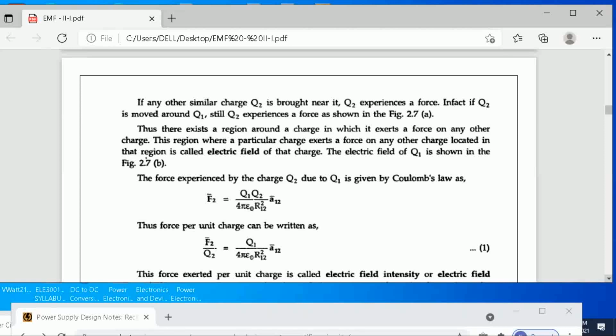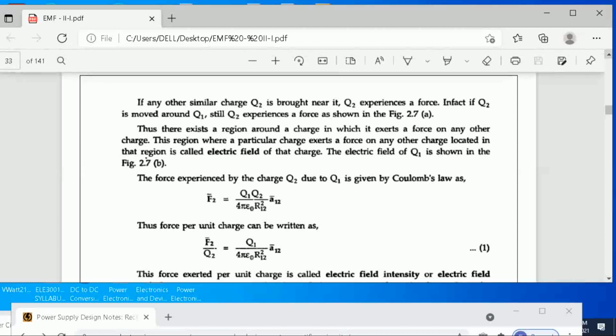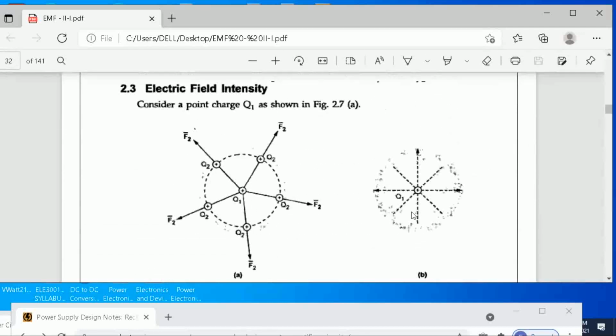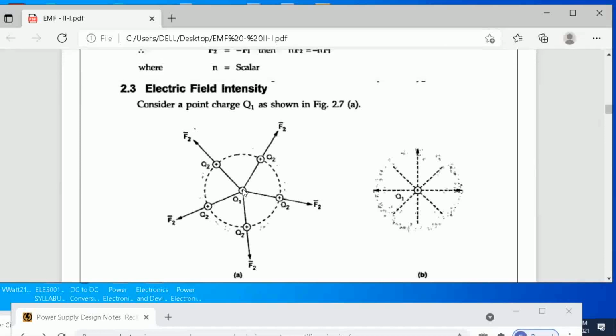So Q1 is located here. Anywhere on this radius, you have Q2, experiencing the same force due to Q1.